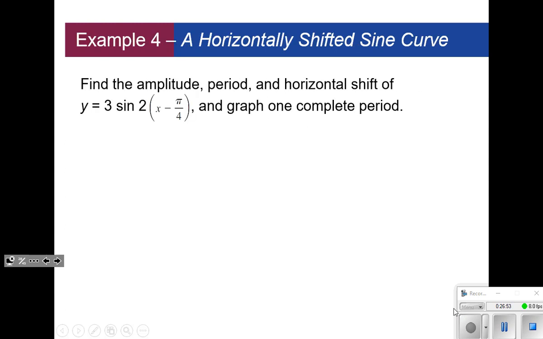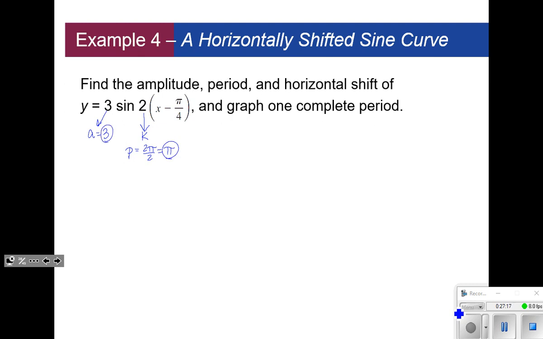Okay, let's put this in practice. Amplitude, period, horizontal shift. Just looking at this, this is my amplitude. This is my k, so that means my period is 2 pi divided by 2, or just pi. So I've got amplitude, I've got period.